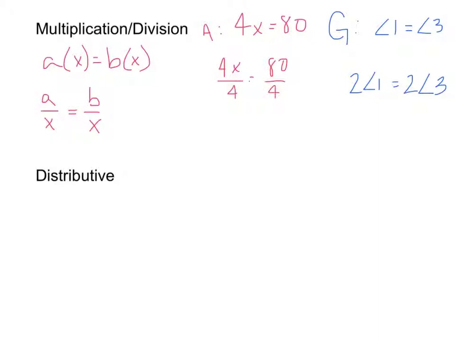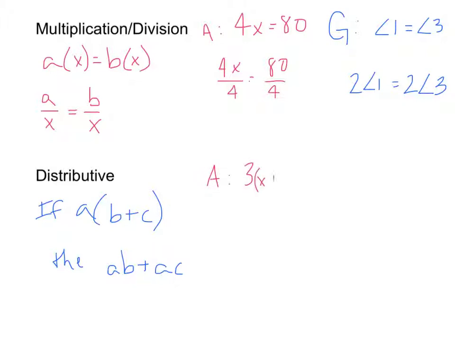Now the distributive property, what you basically know is that if we have A times (B plus C), then we get A times B plus A times C. So in algebra, we have 3 times (x plus 10) equals 15. I can distribute and you get 3x plus 30 equals 15.